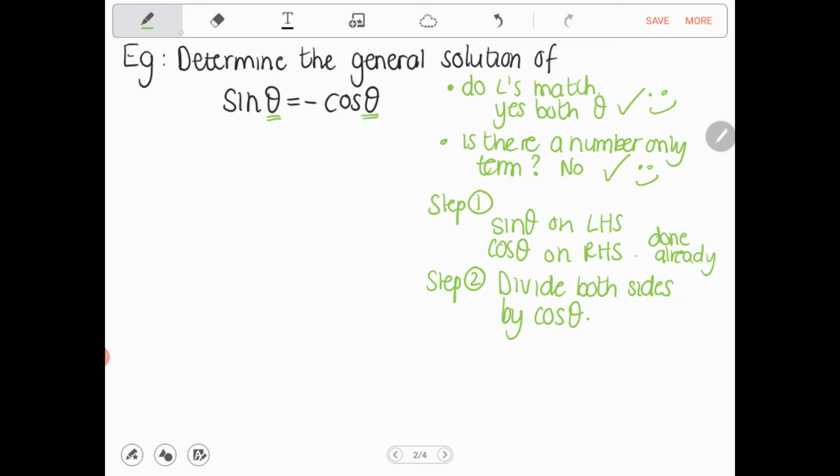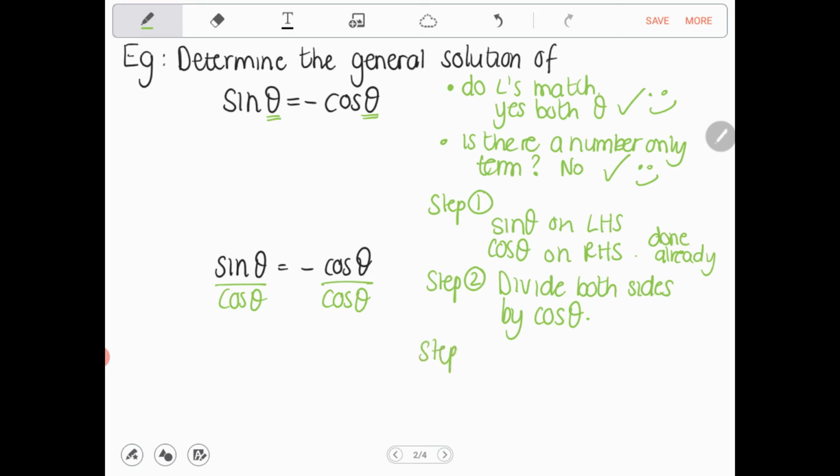If we take sine theta is equal to negative cos theta, and we divide both sides by cos theta, can you see that the left-hand side here now, sine theta over cos theta, do you remember your identities? This was going to change into tan theta, and that's what we want. We want to make it simpler.